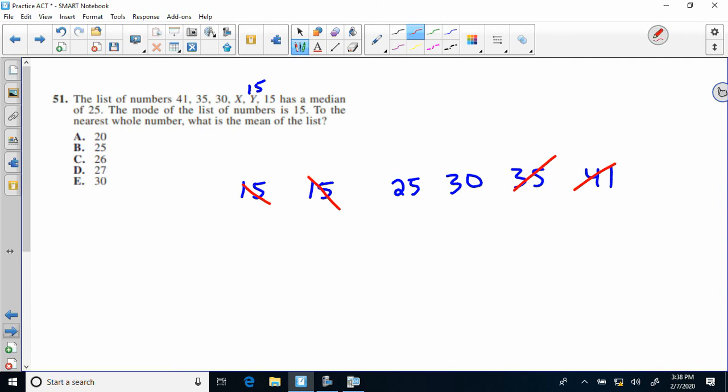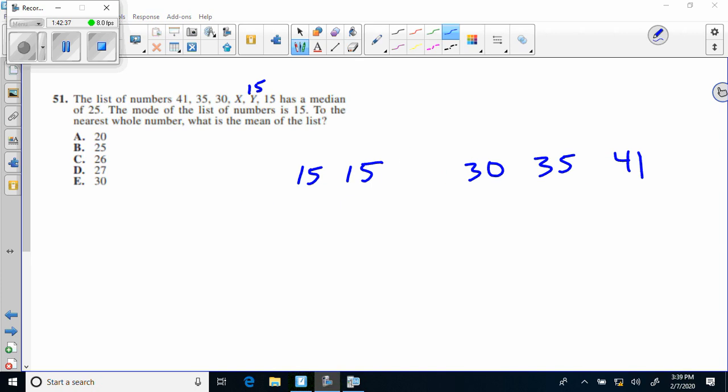So to get my median to be 25, it has to be a number right here so that these can cross off, so that the middle is 25. So I know my x is right here. This x is right there. And it says, what is the mean of the list?